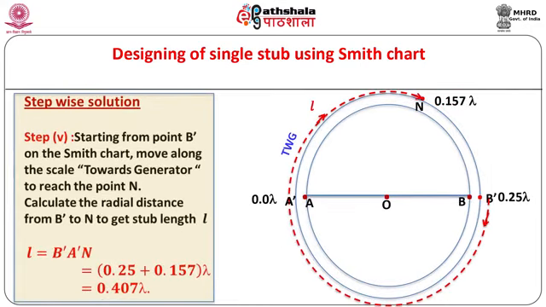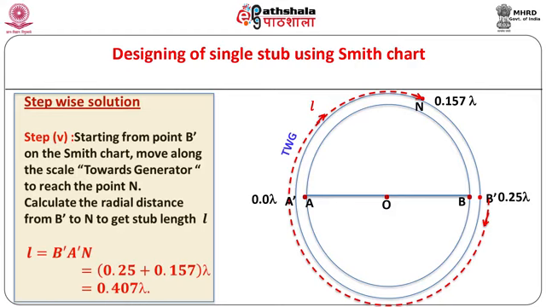Step number 6. For determination of length L of the stub, proceed as follows. Starting from point B dash on the Smith chart, move along the scale toward the generator to reach the point N. Calculate the radial distance travelled in terms of wavelength from B dash to S. This distance gives the value of stub length L in terms of wavelengths.